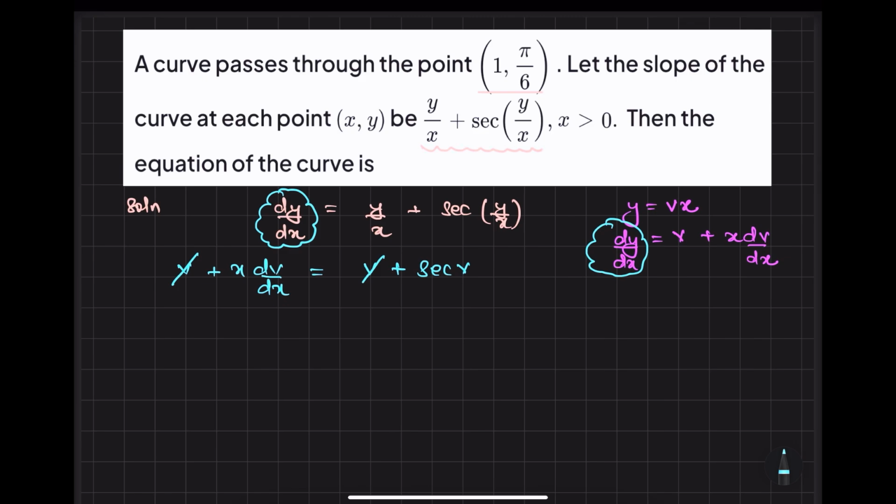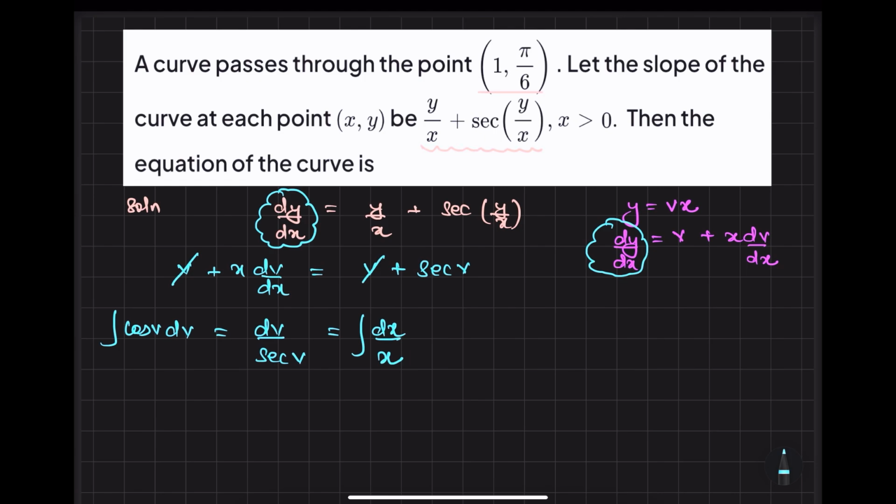Now you can segregate, you can apply the variable separable method. So look at this, we have dv by sec v is equal to dx by x. You can also write this as cos v dv. Now integrate both sides.